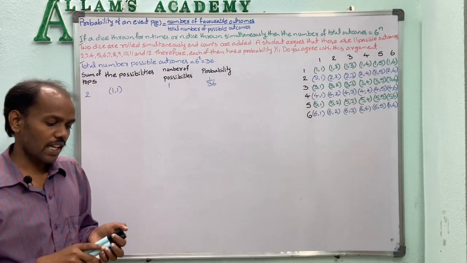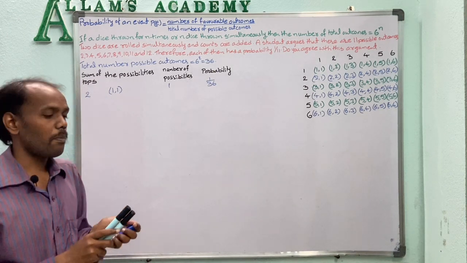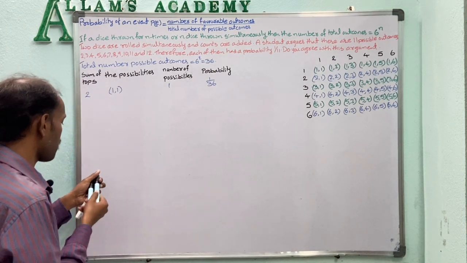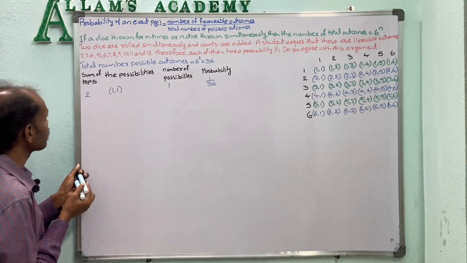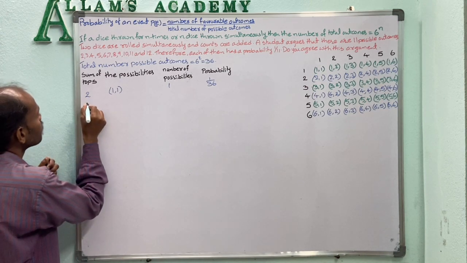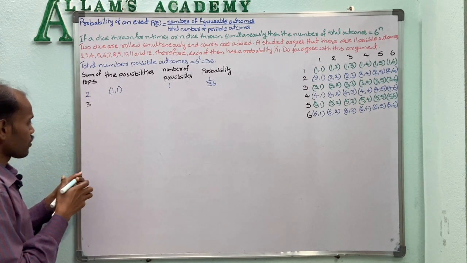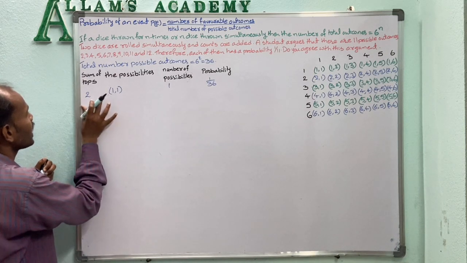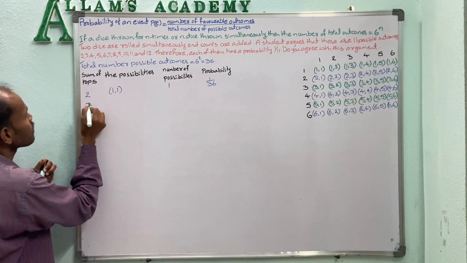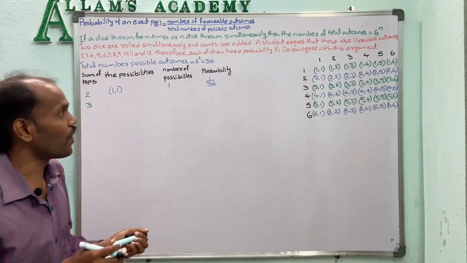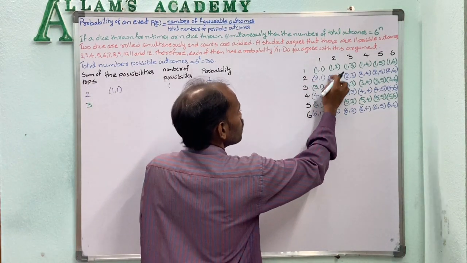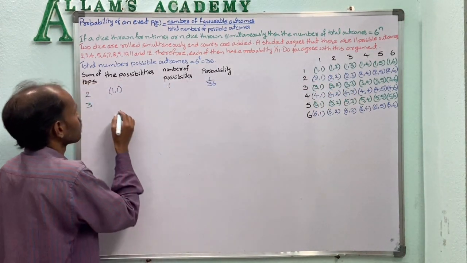If the sum of the tops is 3, the outcomes are 2 1 and 1 2.